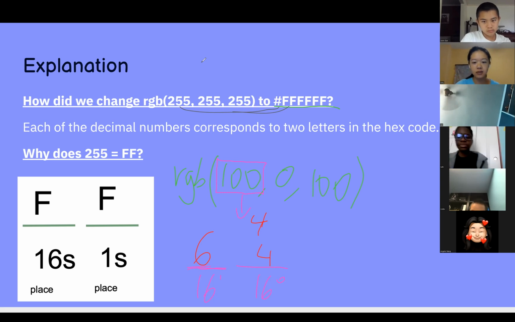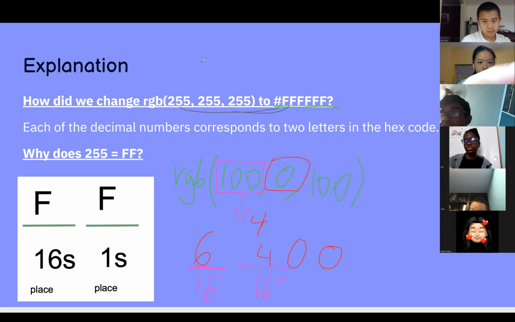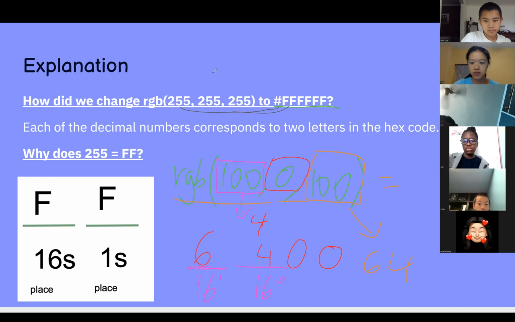And obviously 0 is just going to be 0, so the next 2 digits would be 0, 0. And then finally, the third 100 is just 64 again. So the hexadecimal code for this RGB value would be 640064.